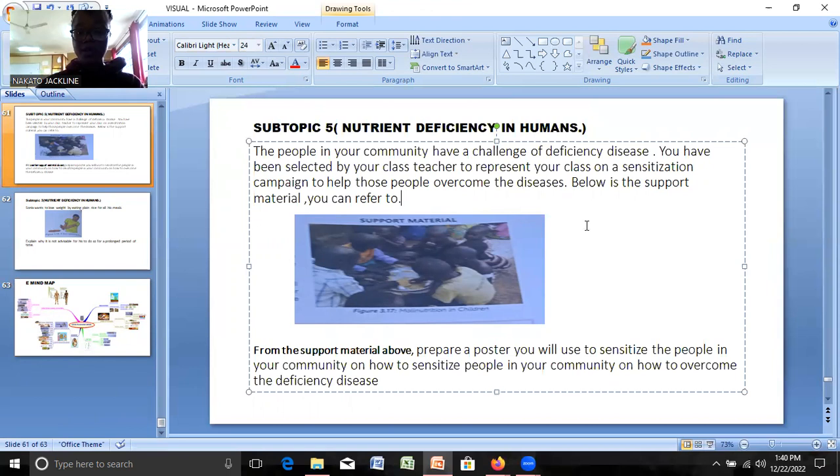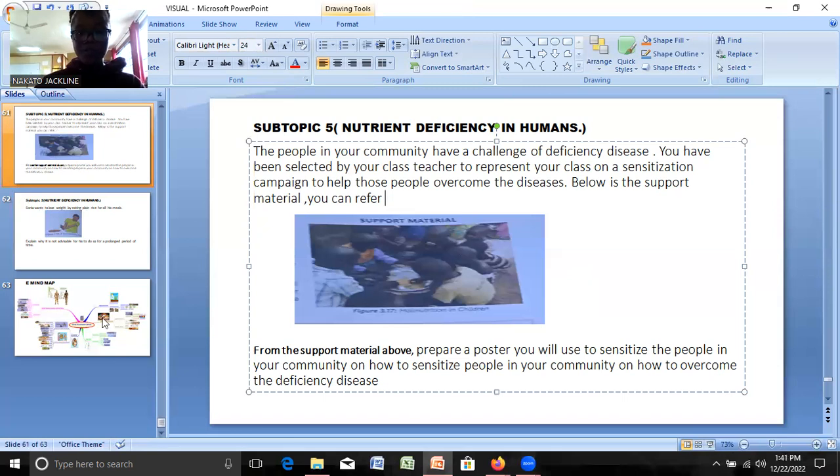So this support material will help them to prepare a poster they will use to sensitize the people in their community on how to overcome the deficiency disease. So that is all I did for my visualization.